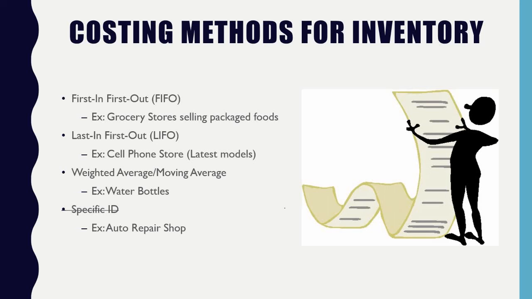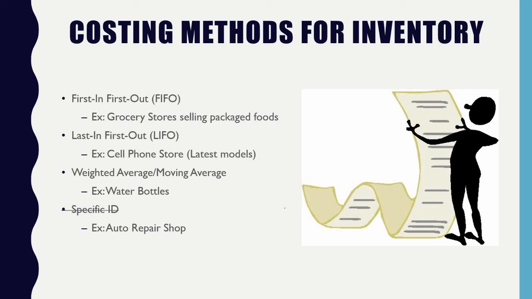You're going to come into a scenario where you're going to have to pick between one of these three methods to calculate your inventory. All right, where specific ID, because of the other three, it's actually not as important, or it's actually a little more complicated than that.